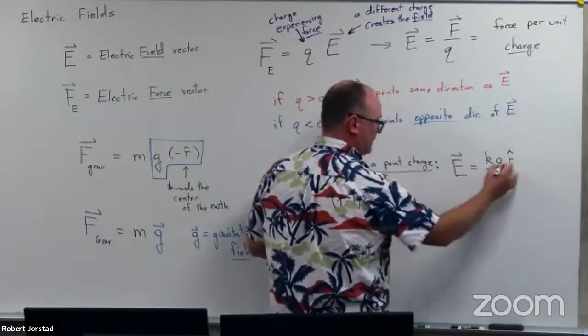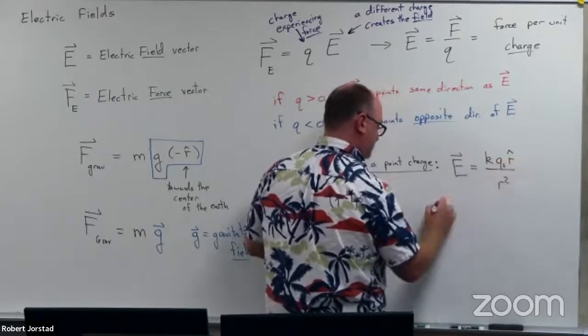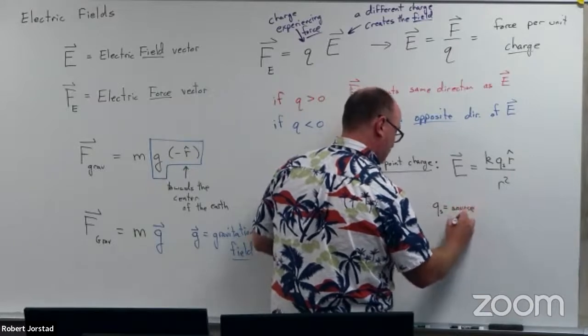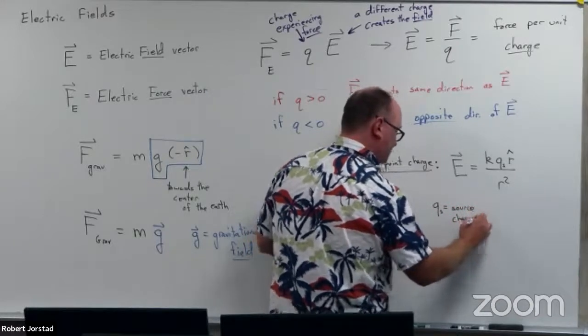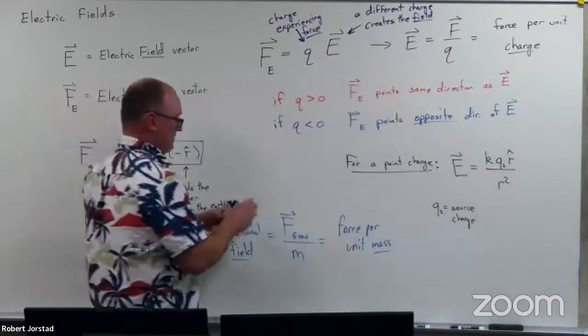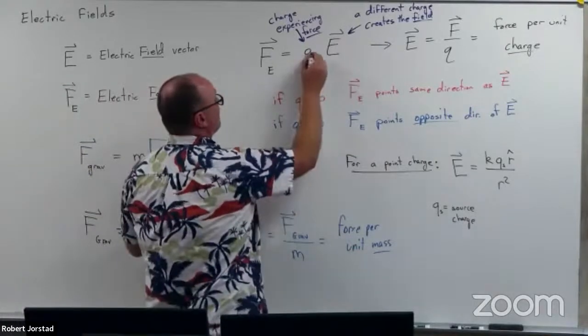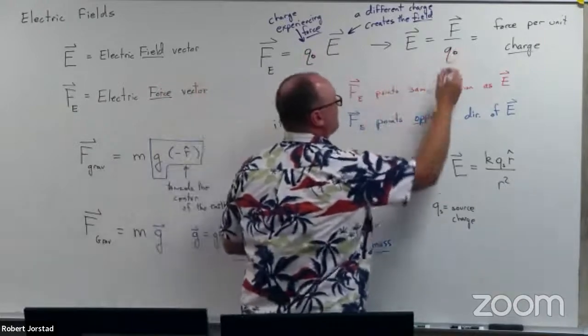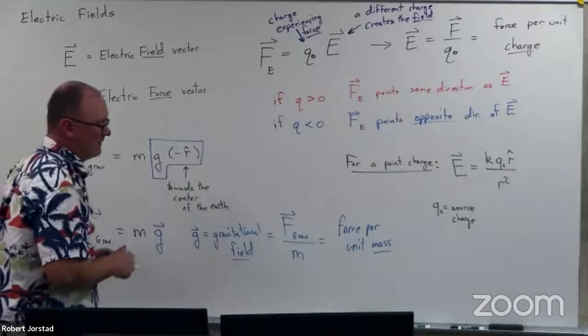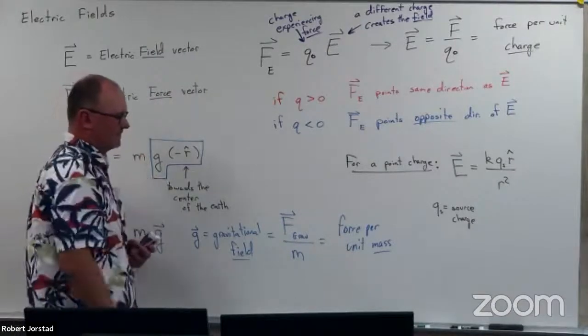And this Q, I'll put it Q subscript S. I'm going to call that the source charge. That's the source of the field. And that's to distinguish it from this one up here, which we gave a symbol Q naught, which was the test charge, the charge that will experience that field and have a force on it.